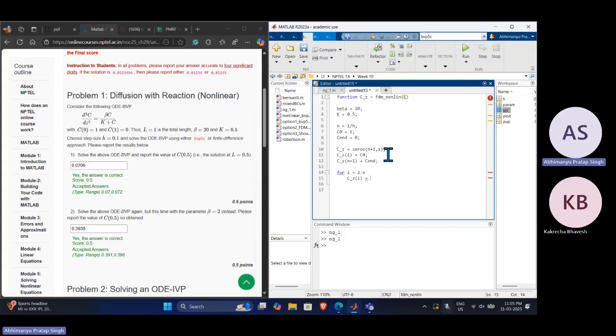Then for c2 we can write this as minus k multiplied by c(i minus 1) minus c(i plus 1), divided by.